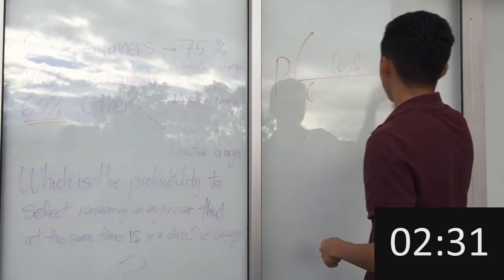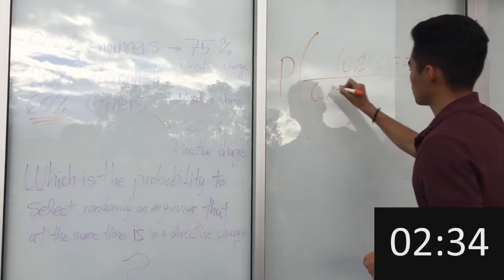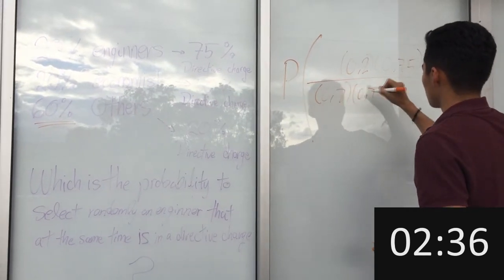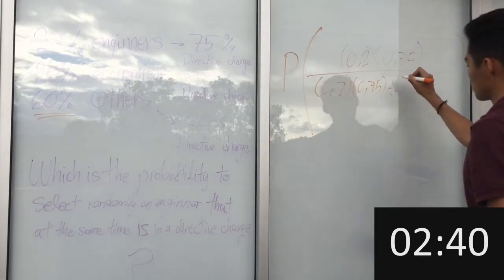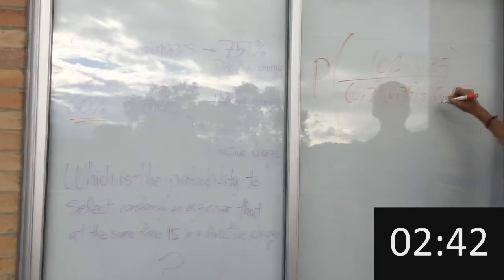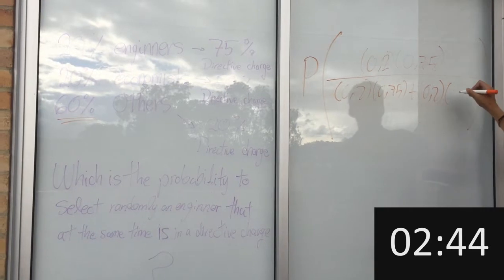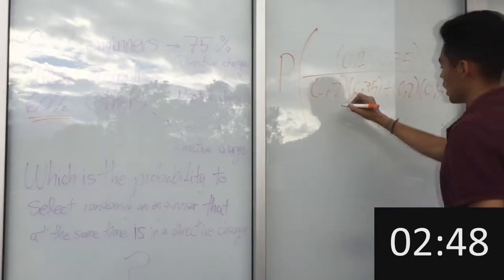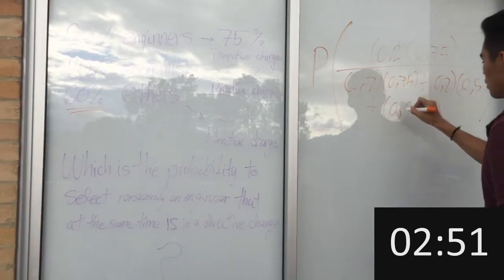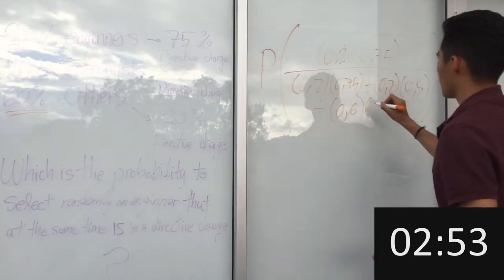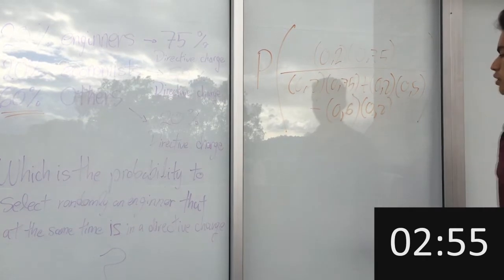The engineer ones is the same, 0.2 times 0.75 plus 0.2 times 0.5 plus the others, that is 0.6 times 0.2, that is 20%.